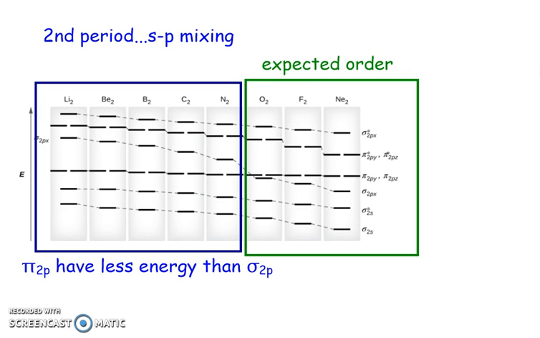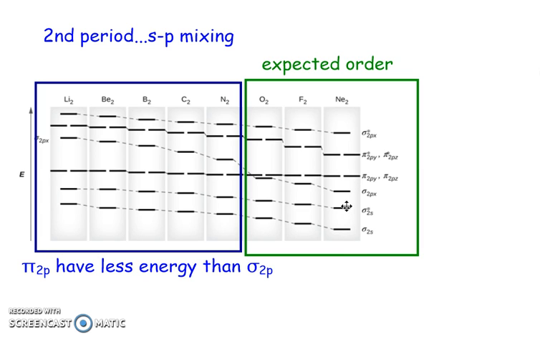When we get to the second period, there can be a little bit of an issue in terms of the order in which we have these molecular orbitals. The expected order would be sigma 2s, sigma star 2s, sigma 2px, pi 2py, pi 2pz, and then the antibonding orbitals.